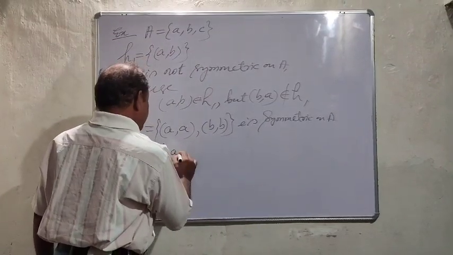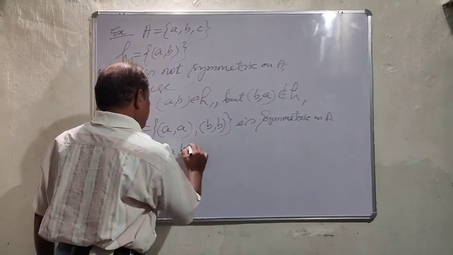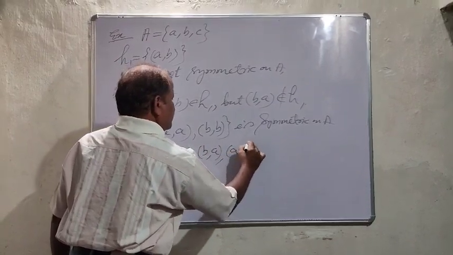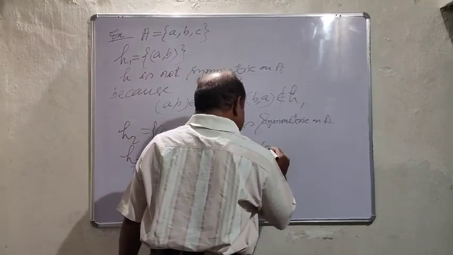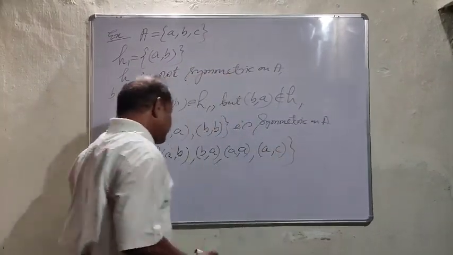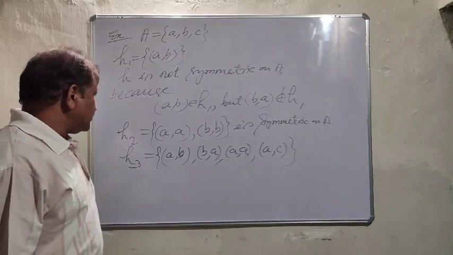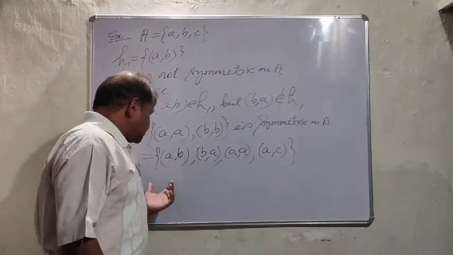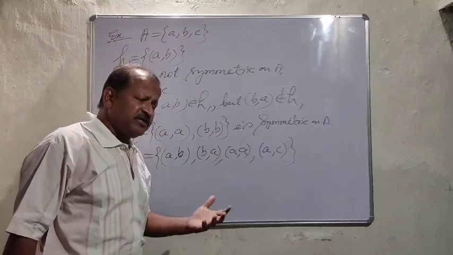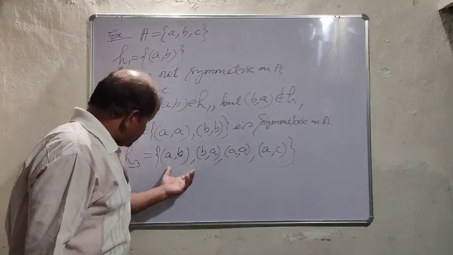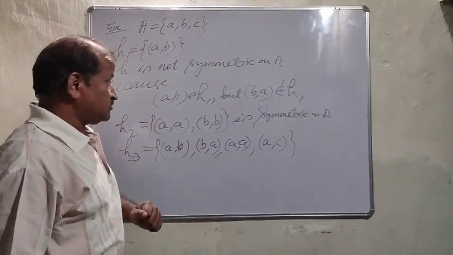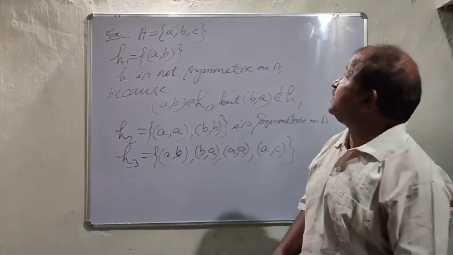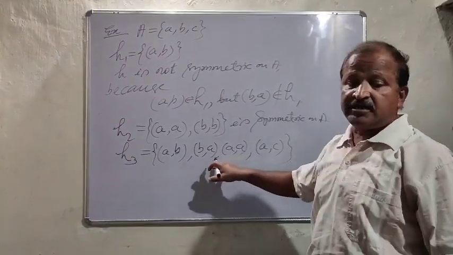Suppose we will take {(a, b), (b, a), (a, a), (a, c)}. Students say that (a, b) is there, (b, a) is there, so it is symmetric. Yes, it may be correct, but you see there is another element, (a, c). a is related to c, but c is not related to a.